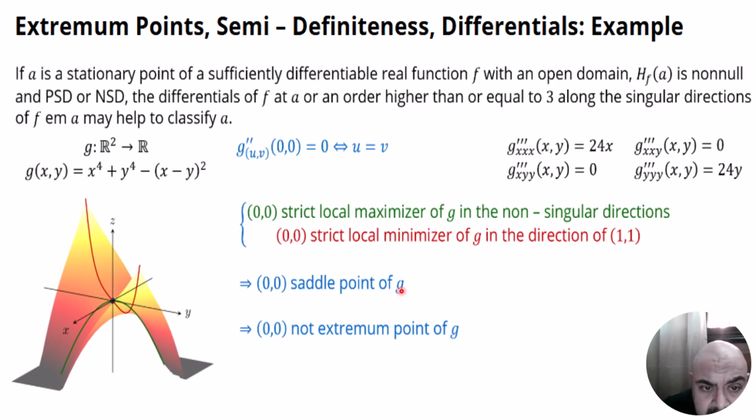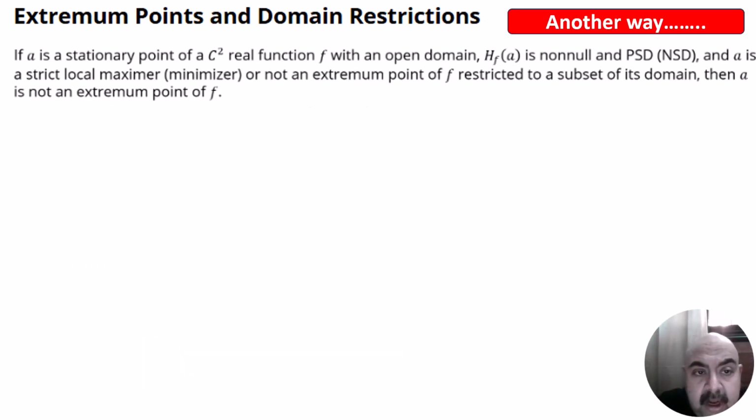Same way at other points, it's not a maximizer, it's a minimizer. Here it's a minimizer. In the non-singular direction, we found that it's a maximizer, so it's a saddle point at the point 0, 0.